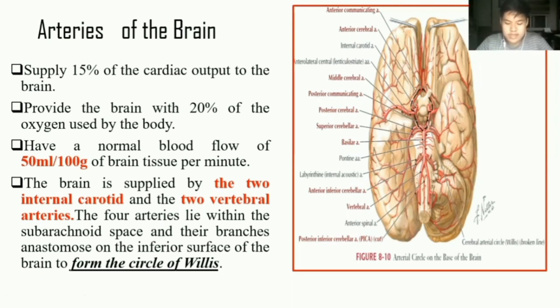These internal carotid and vertebrobasilar arteries are the two main vessels that supply the brain. The circle of Willis functions as a pressure relief system to accommodate a rise in intracranial pressure.